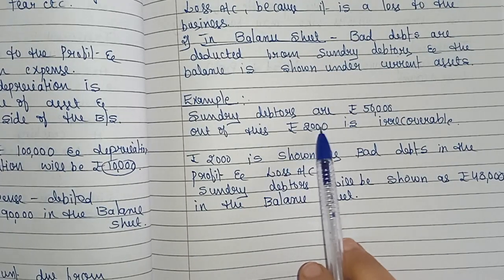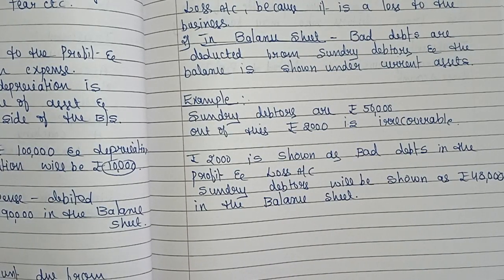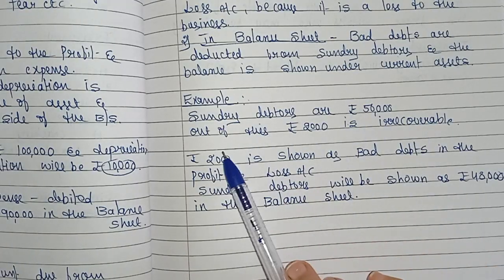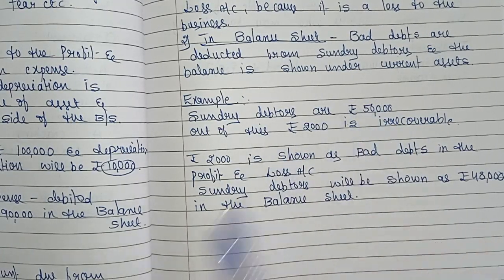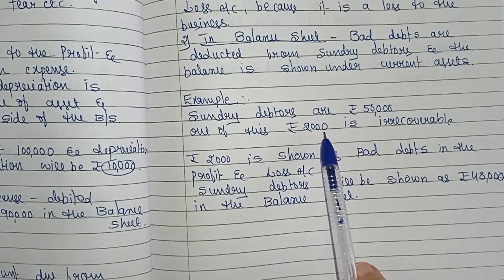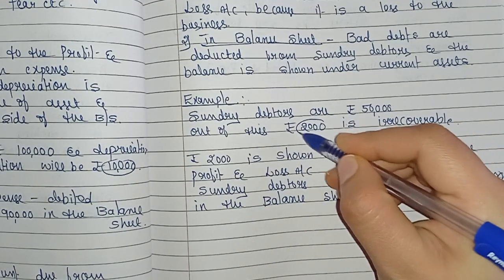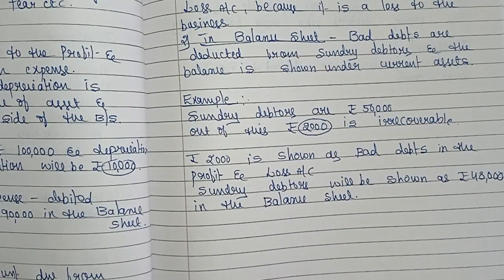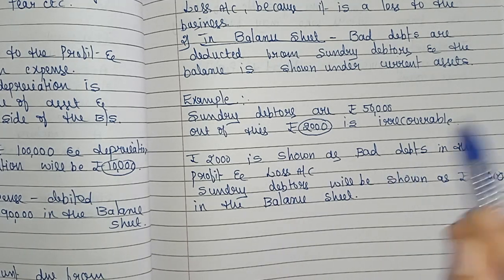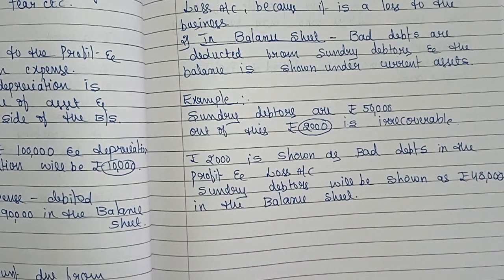Sundry debtors are rupees 50,000. Out of this 50,000 rupees, 2,000 rupees is irrecoverable, not able to collect from the customers. Now this rupees 2,000 is written on the debit side in the profit and loss account as bad debts, that is rupees 2,000.